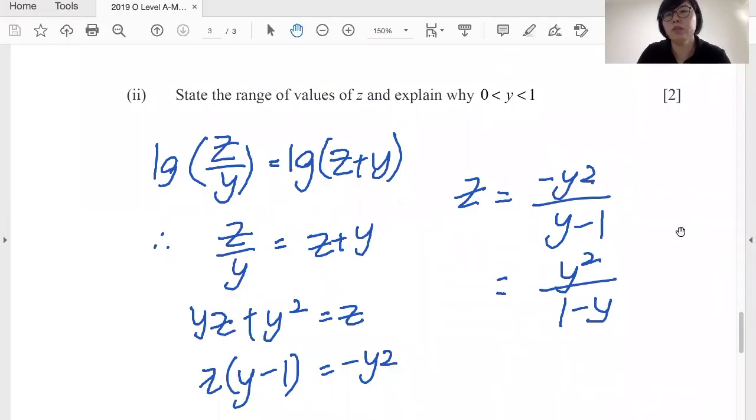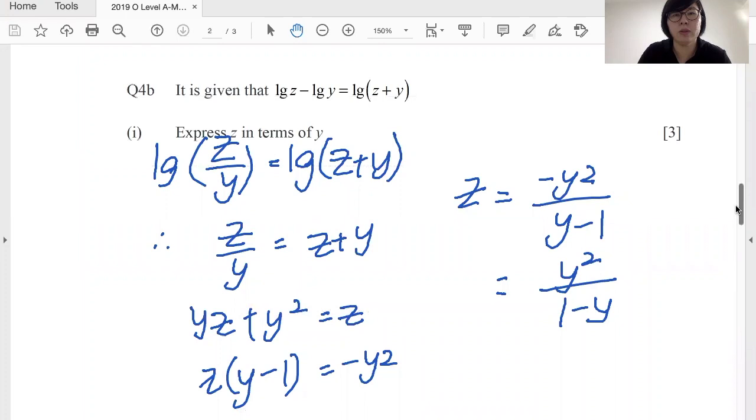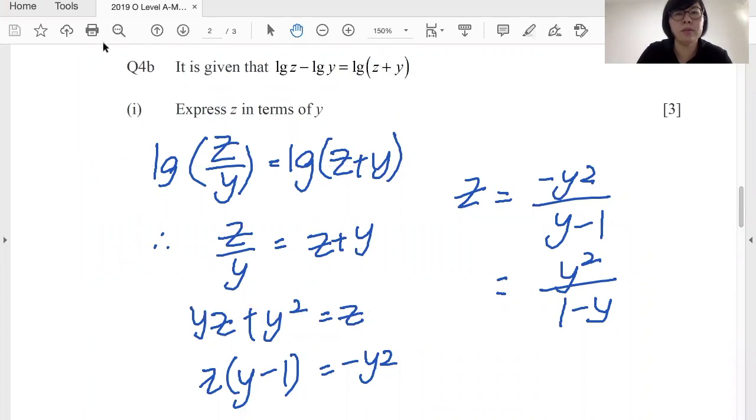To know the range of values of z, we return to part 1 of the question. And if you look carefully over here, and then this is our z, that gives us the answer.